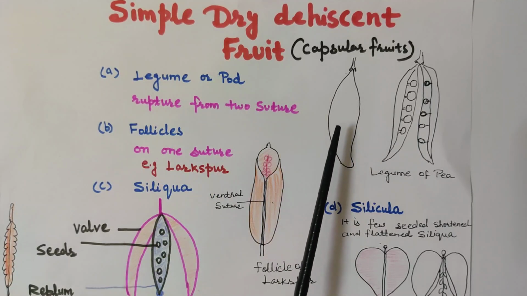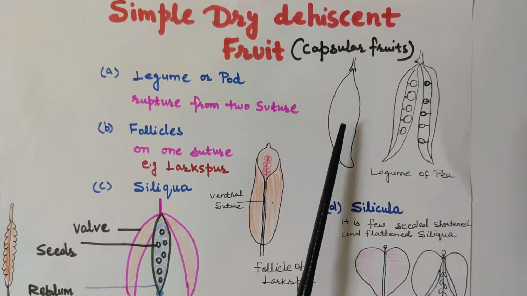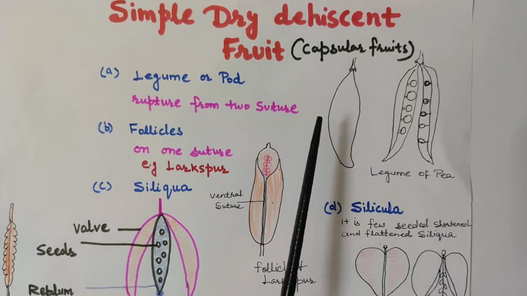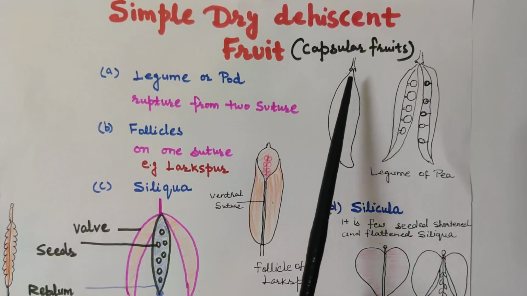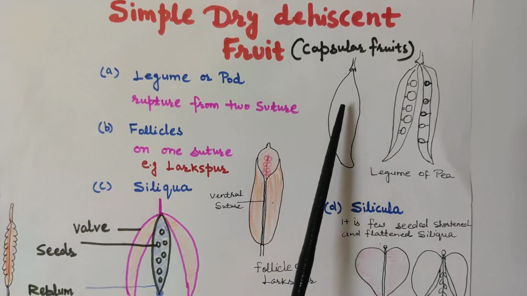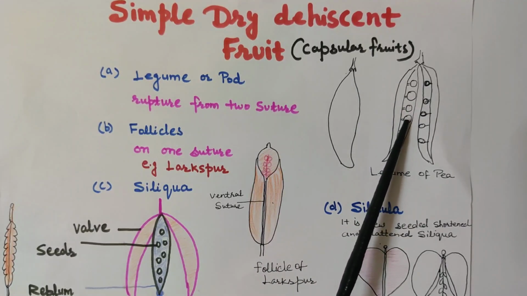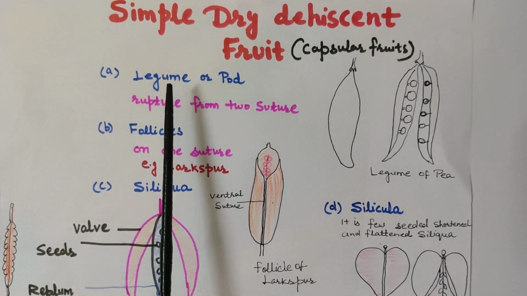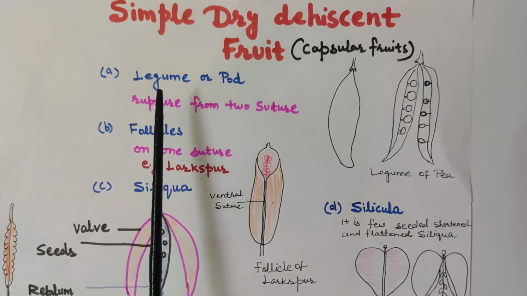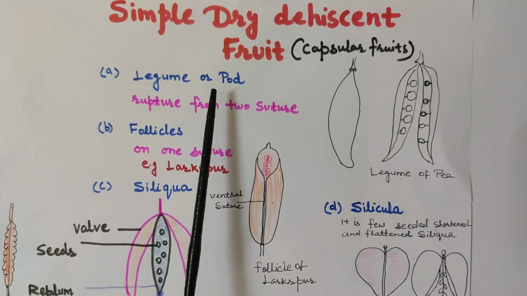And what kind of placentation is present in legume or pod? As we already discussed under the topic placentation, here the ovules or seeds are arranged at the margin. We call this marginal placentation. So the first type under simple dry dehiscent fruit is legume or pod.